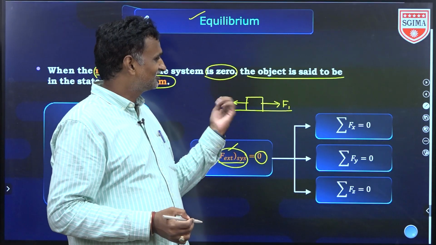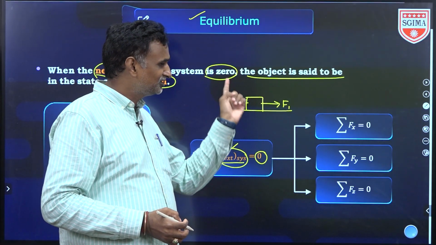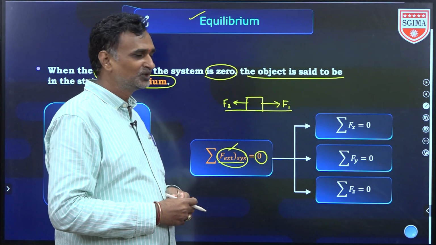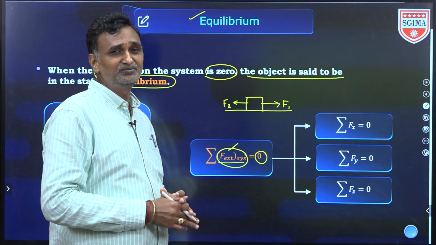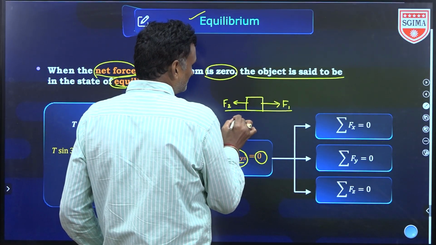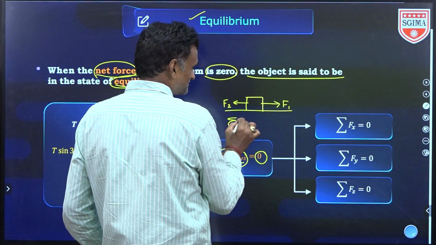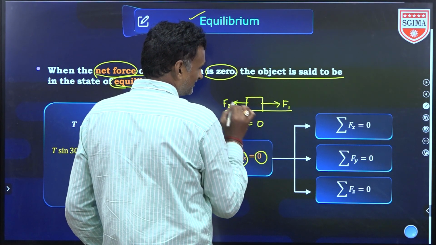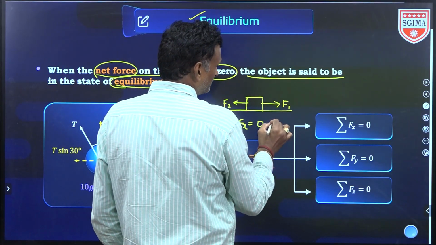Now the object is still at rest. Object at rest means the acceleration of the block will be 0. Acceleration 0 means definitely F net acting on the body will be 0. Here I have taken only the forces along the x-axis, so I can write sigma Fx equal to 0. Then what are the forces we have?